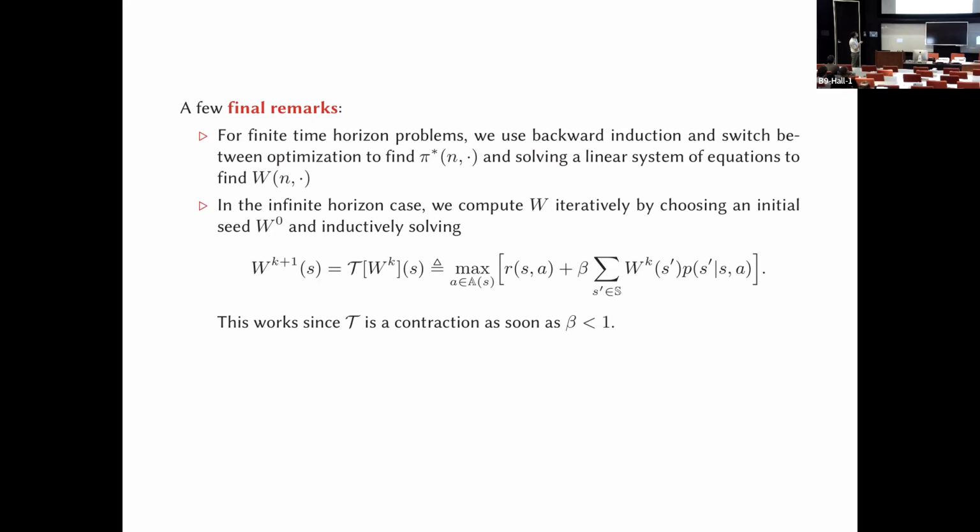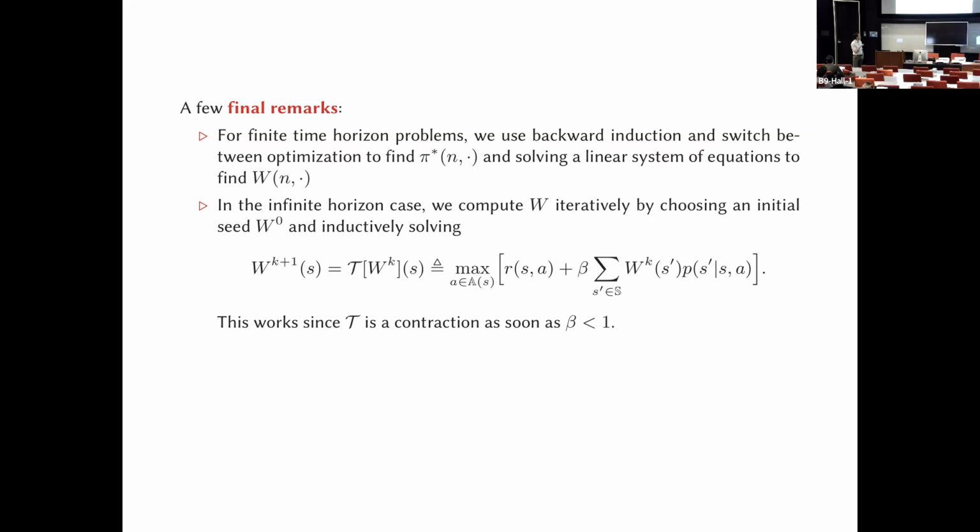What do we do if we really have an infinite horizon problem? Then the dynamic programming principle is a fixed point problem. And even that is still nice in a certain sense, because the operator which maps W to the right-hand side of the DPP can be shown to be a contraction if you really do discounting.